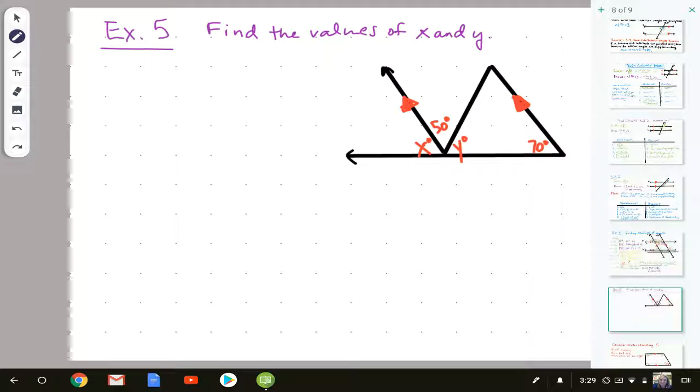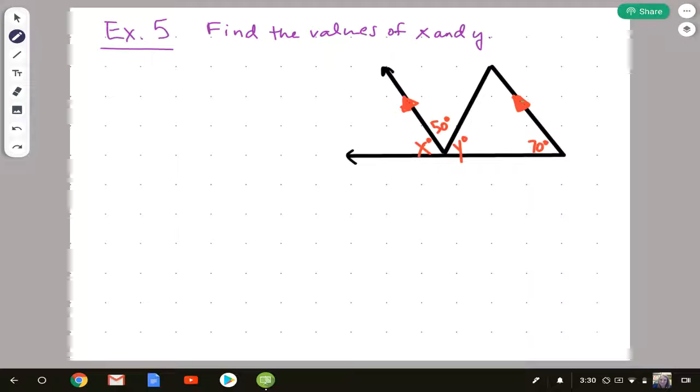All right, example 5 is a figure that doesn't look exactly like what we've been doing so far. They want you to find the values of x and y. So I'm looking to see if there's anything similar to what we've been doing. By the diagram, I see that I have the two red arrowheads that are telling me that this line and this side of the triangle are parallel lines.